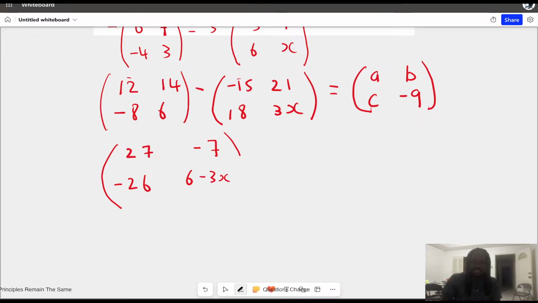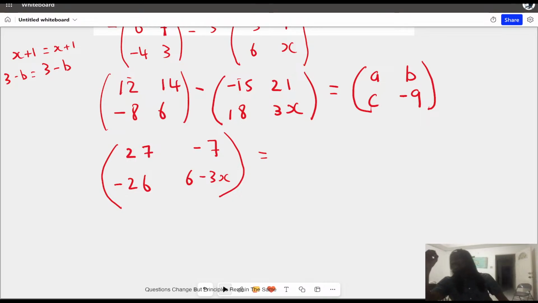Remember, if the letters are not the same, the answer just remains the same. So if I give you x plus 1, it's the same as x plus 1. It's not 1x. If I give you 3 minus b, it's the same as 3 minus b. If the letters are not all exactly the same, then you cannot work it out.